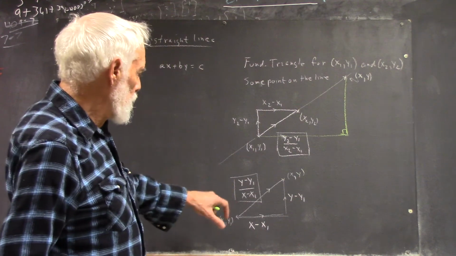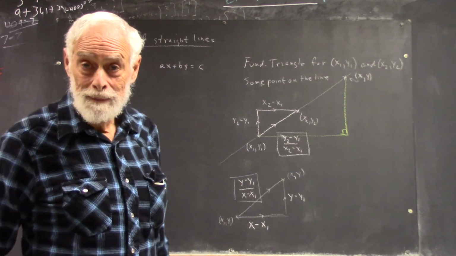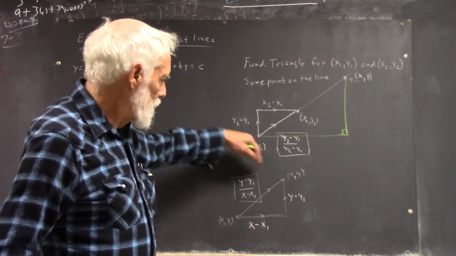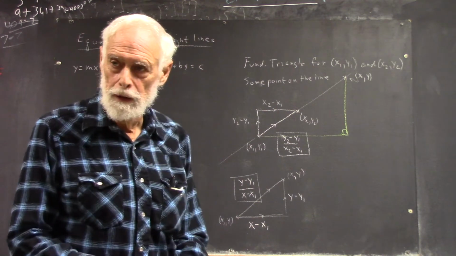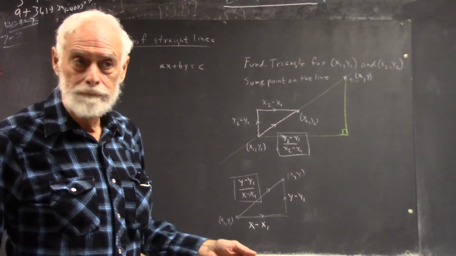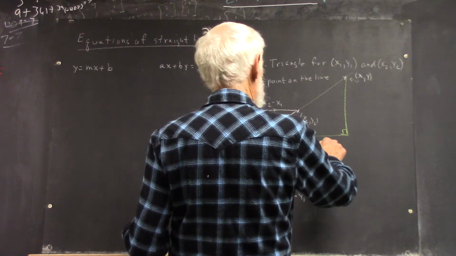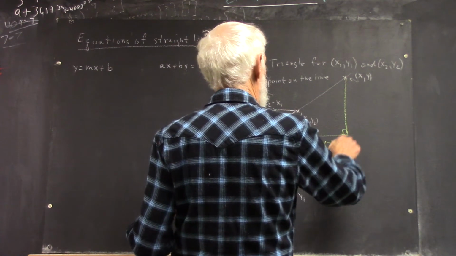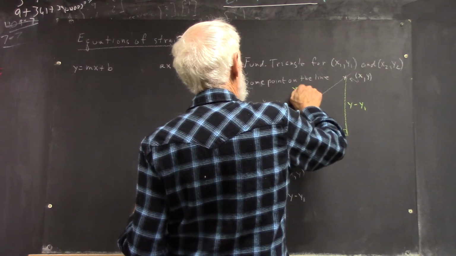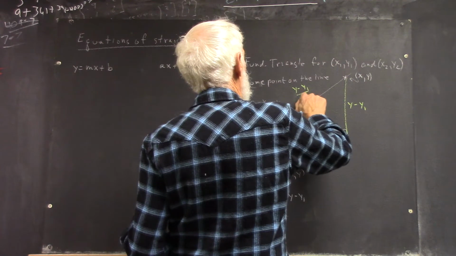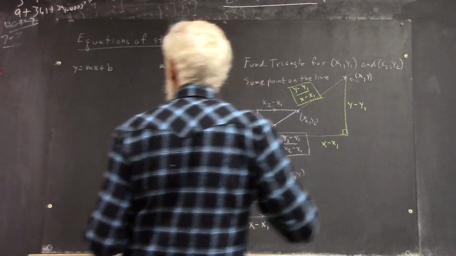If you go in the other direction, then it'd be x1 minus x, y1 minus y. But it's better to have y minus y1 because your algebra in the next step is going to be a little easier. Not a big deal. So up here I can label it. And there it is.